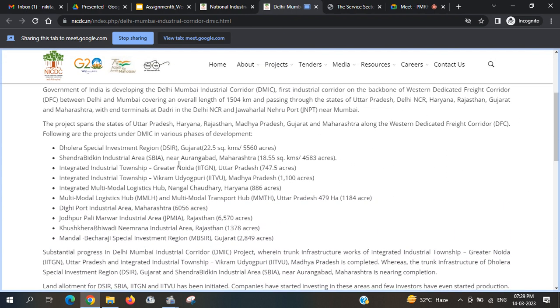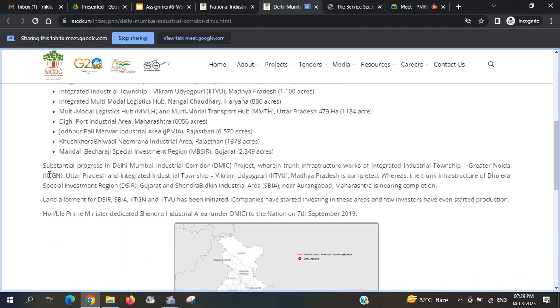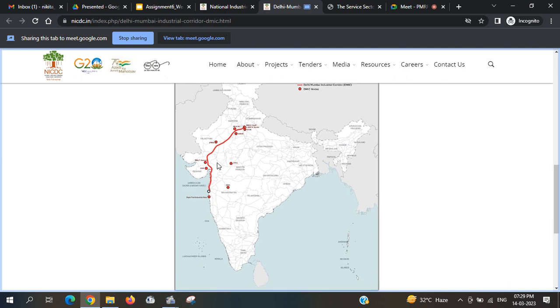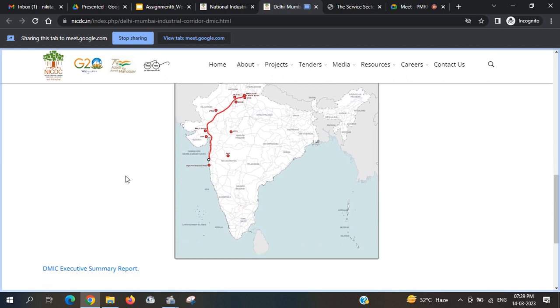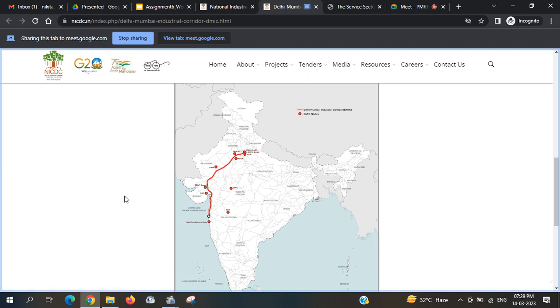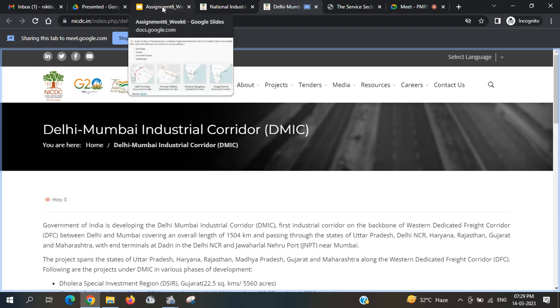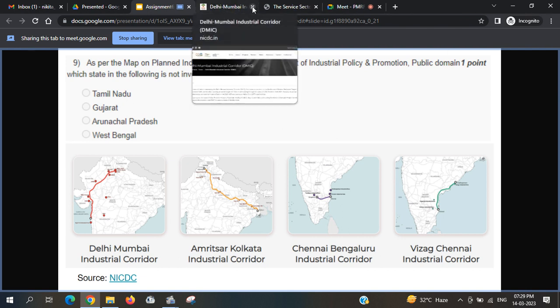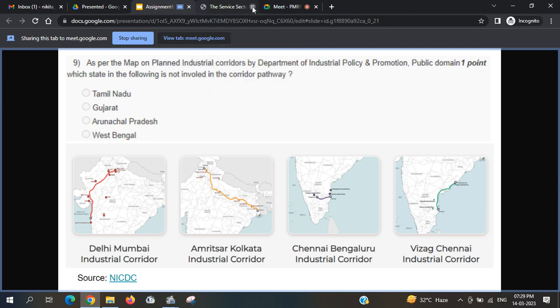It gives you the details about the corridor, what projects have been planned, which major cities or DMIC nodes are planned for this corridor, and you can even get the executive summary report for all different industrial corridors. I hope it is clear to you. The answer to this question is Arunachal Pradesh, and I hope the background material which I have provided will help you get to know a little bit more about the different planned industrial corridors in India.